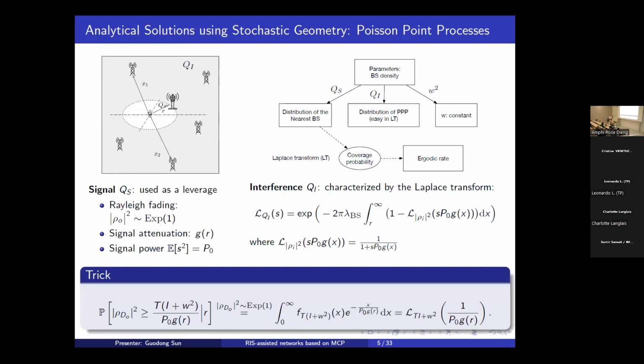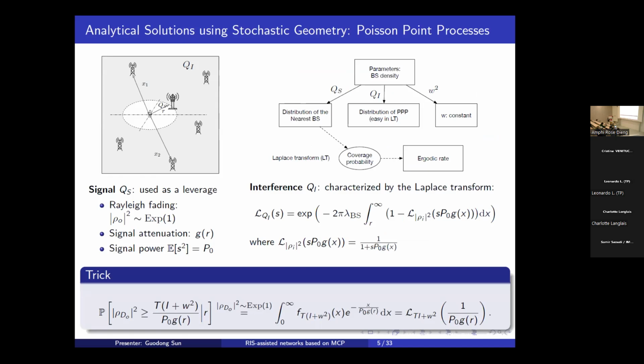How to analyze it? We said there is a lot of randomness. There is a tool called stochastic geometry, based on the Poisson Point Process, that can give you an analytical way to compute the performance.